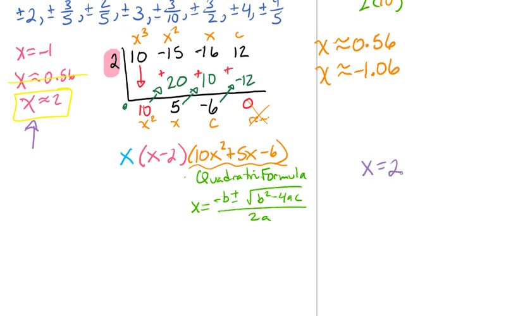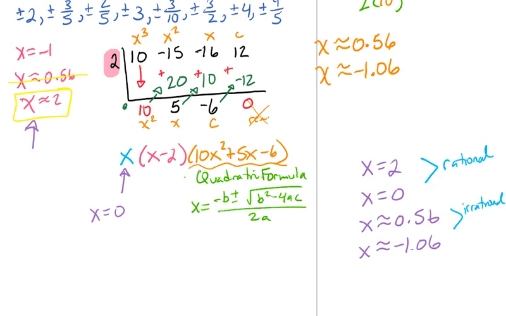When we take this and set that equal to 0, we get our second 0. And then we have x approximately 0.56, and x approximately negative 1.06. So x equals 2 and x equals 0 are our rational solutions, and x equals 0.56 and x equals negative 1.06 are our irrational solutions.